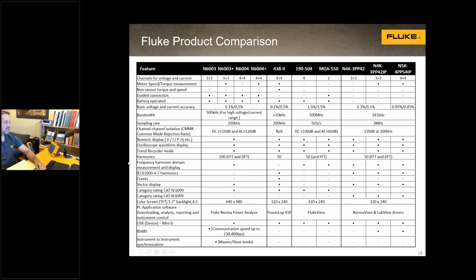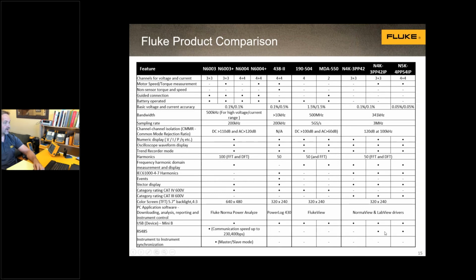And also the ability to use vector displays like your regular power quality device would. You can look at your phase angles, and you can also look at a vector diagram connection of all of your current and voltage vectors at the same time. Category rating, again, category 4 rated, like a lot of our products are, except the Norma series, which are more for bench use.